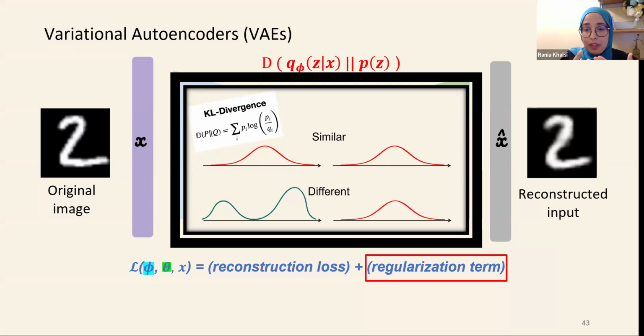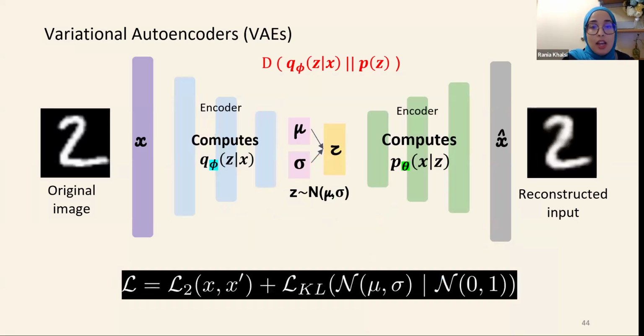It's like morphing one digit into another. This is thanks to the KL divergence. Now, the overall loss is computed using this formula, which is the sum of the reconstruction loss and the regularization term.